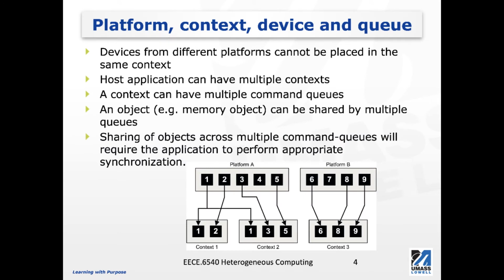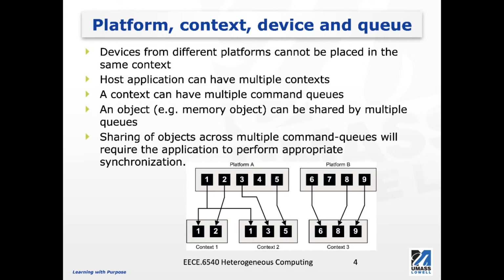At the very beginning of our classes, we talked about OpenCL platforms, context, devices, and the queues associated with devices. We want to emphasize here that devices from different platforms cannot be placed in the same context. Platforms are provided by the vendors to identify the OpenCL devices and also support the operation of these devices.